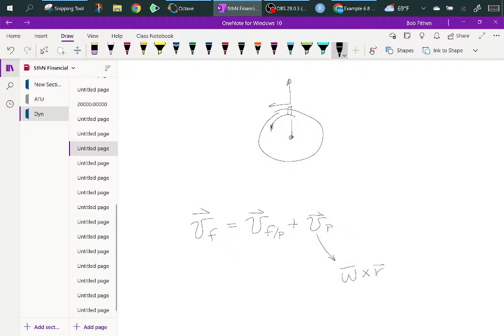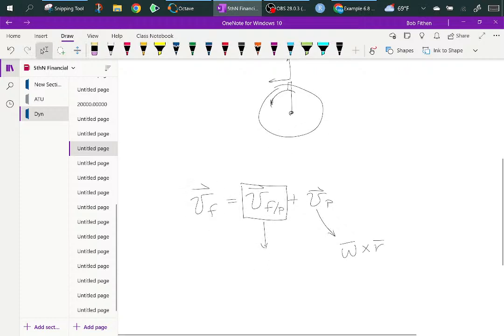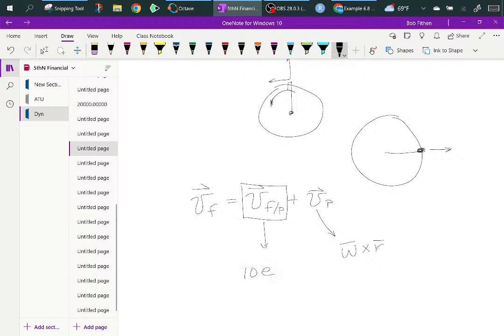So he's going to be sitting there, but the person on the merry-go-round sees that velocity. So maybe he sees a velocity straight out. If you look at it from polar coordinates, just put the guy on the merry-go-round right there. So he would see the velocity of the fluid relative here maybe something like, let's just say 10 E. I wonder if he's got to use UR, where UR is this direction and U theta is that direction.